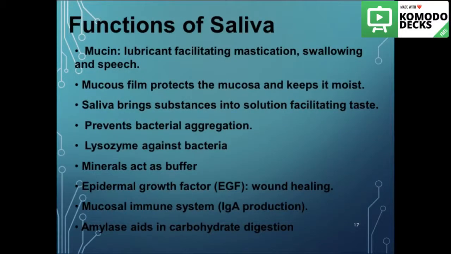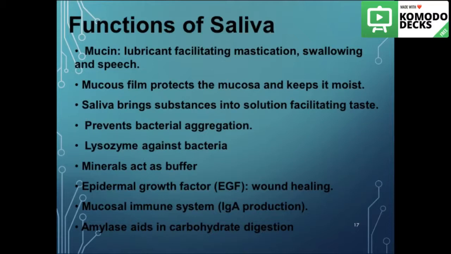Moving ahead to the functions of saliva, which is the watery substance produced in the oral cavity. The mucin, which is a carbohydrated protein or a glycosylated protein, enters in the composition of numerous mucus covering the cells in contact with the oral cavity.